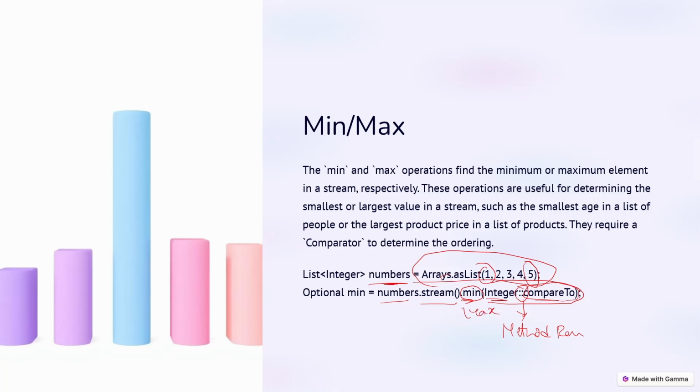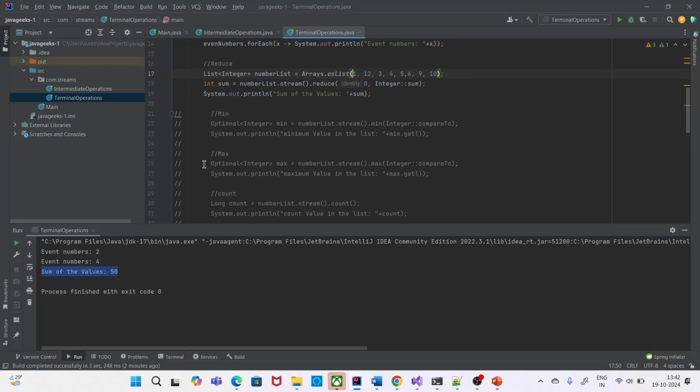Let's take an example here. I'm checking this numbers list: 1, 12, 3, 4, 5, 6, 9, 10. What is the minimum value here? 1. So I'm checking the minimum with the method reference operator and compareTo.